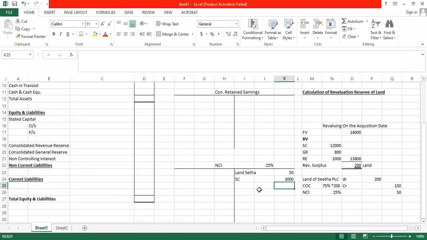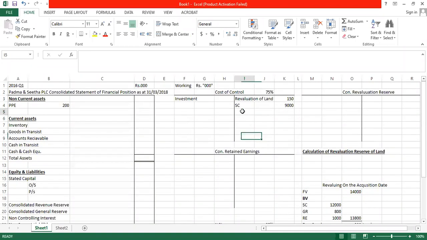Then the other equity part, the general reserve. From that general reserve, again we own just 75%. Our general reserve on the acquisition date is given under the second information. General reserve, it's 800.